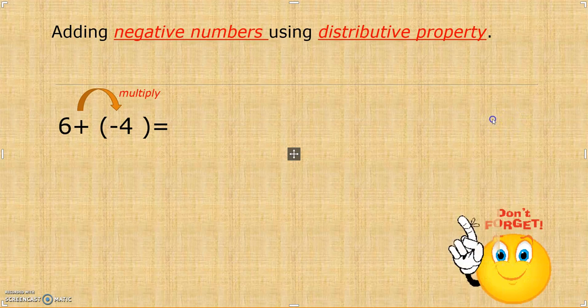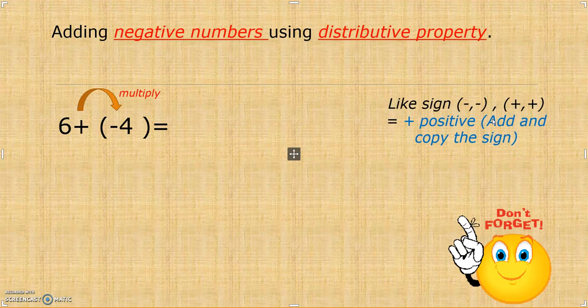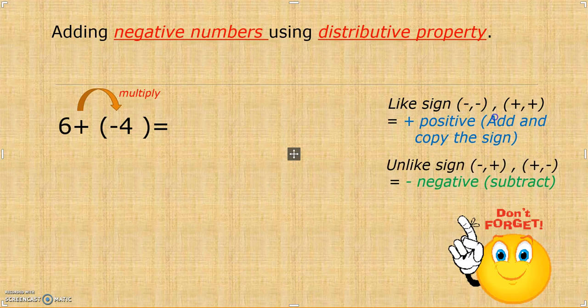Follow the rules: for like signs, positive times positive or negative times negative, the answer is positive, then add and copy the sign. For unlike signs, negative times positive or positive times negative, the answer is negative. Then subtract and copy the sign of the biggest number.